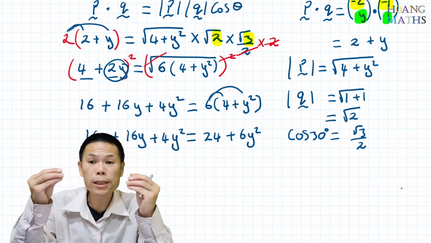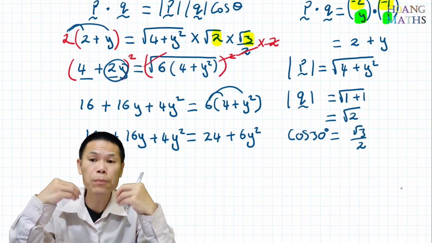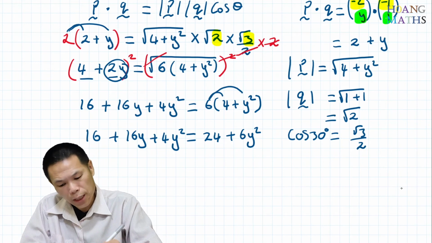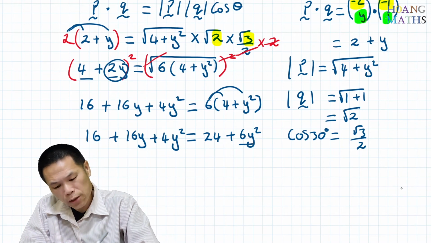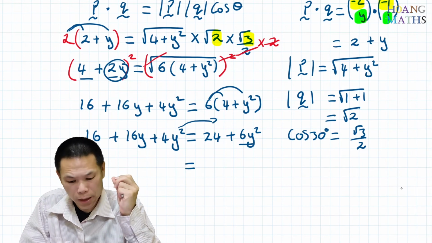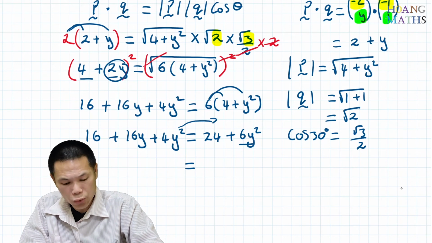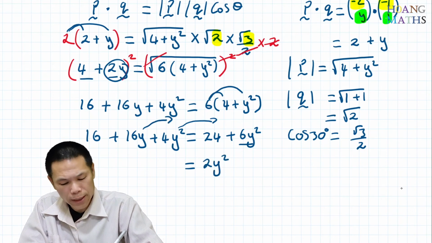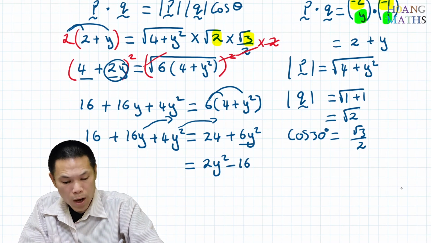So what I do is, I just make this equation become 0. So I move everything on one side. So this is 6y squared, so better just move the 4y squared on that side. So that becomes 6y squared minus 4y squared, gives me 2y squared. And then the 16y, I move on that side, becomes minus 16y.